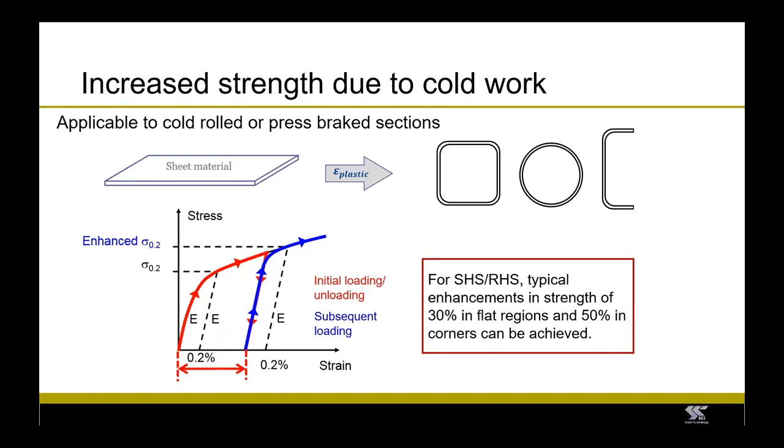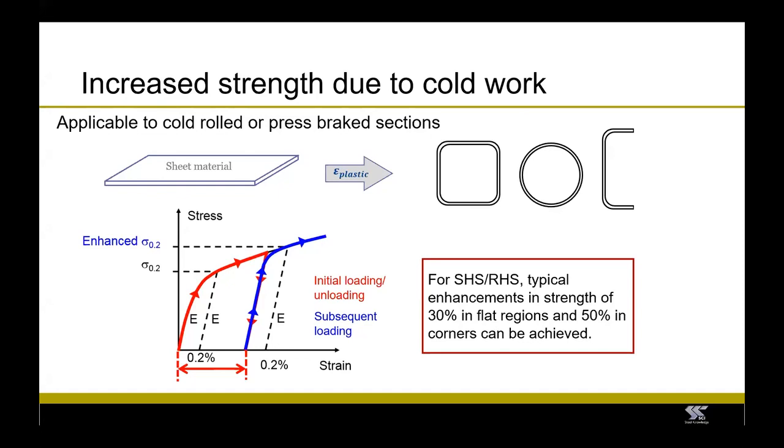So when these sections are fabricated, you start from a sheet which might be in the annealed condition or might already have some amount of cold work that is applied in order to achieve the desired thickness of the sheet. So in this graph, you can see the stress strain curve of the stainless steel sheet.